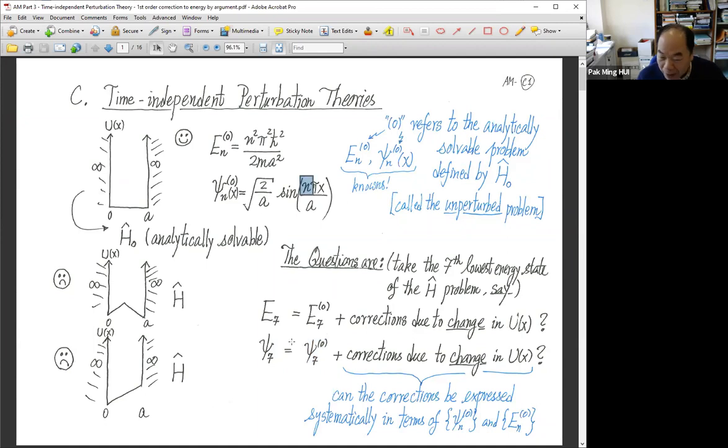But that should not be equal to that because they are different problems. We hope to look for the corrections due to the changes between this problem and the known problem. So is the goal clear?